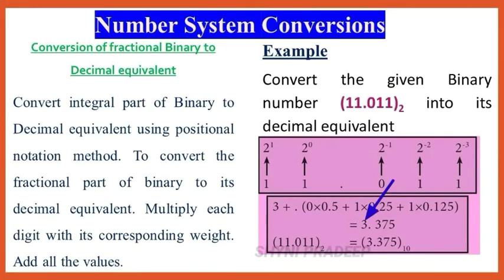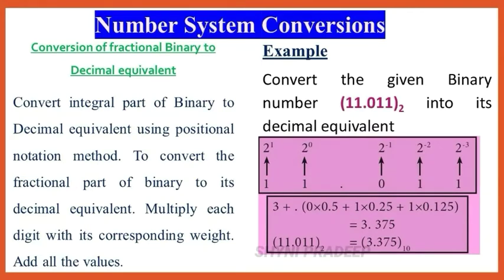Okay. Next see the fractional part 0 1 1. Here you have to take the positional notation from the negative value. Okay. Which means for 0, 2 power minus 1, for 1, 2 power minus 2, for another 1, 2 power minus 3. So 2 power minus 1 means 0.5, and 2 power minus 2 means 0.25, and 2 power minus 3 means 0.125.